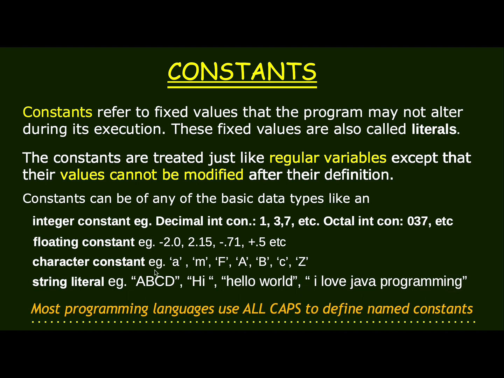Those kinds of things are also string literal constant values. Let's note this: most programming languages use all caps to define named constants. When we begin practicals, you will get to know how all these are used in programming or in algorithms.